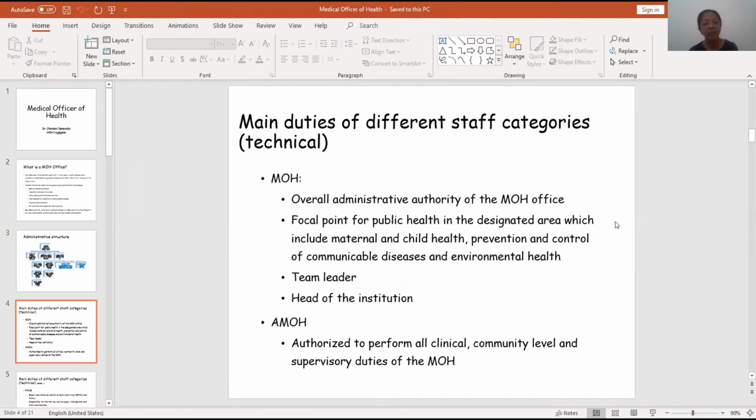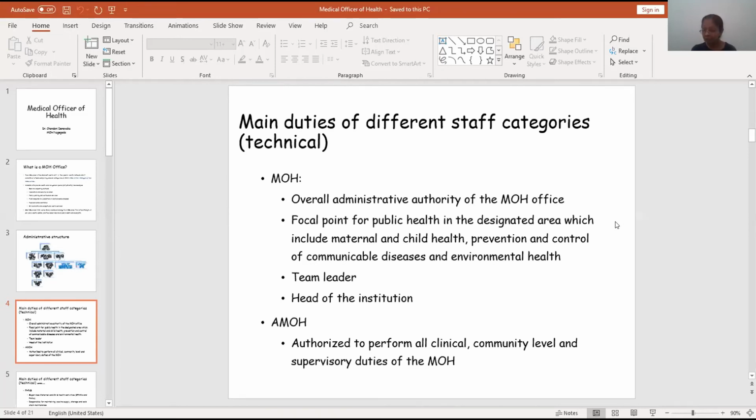What are the main duties of different staff categories in the MOH office? The MOH has the overall administrative authority of the MOH office, and is the focal point for public health in the designated area, which includes maternal and child health, prevention and control of communicable diseases, and environmental health.